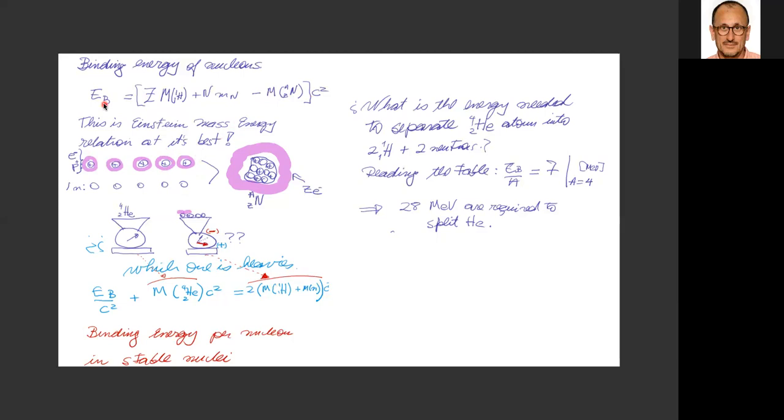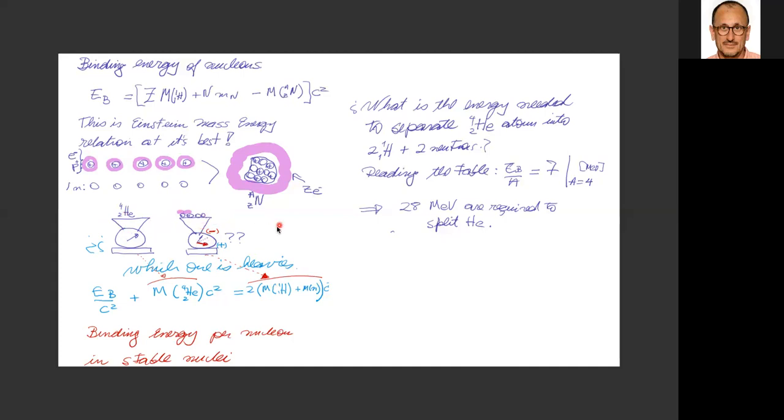So my question here is, let's say I have here one atom of helium-4 in a balance, and I am measuring the mass. And then on this other side here, I put 2 protons, 2 neutrons, and 2 electrons, which are exactly all the components in helium-4, but here they are completely separated.